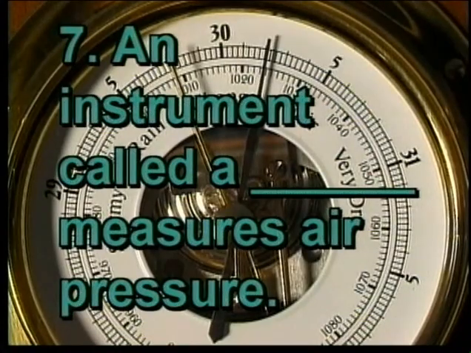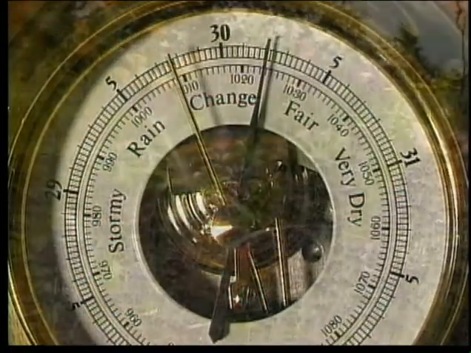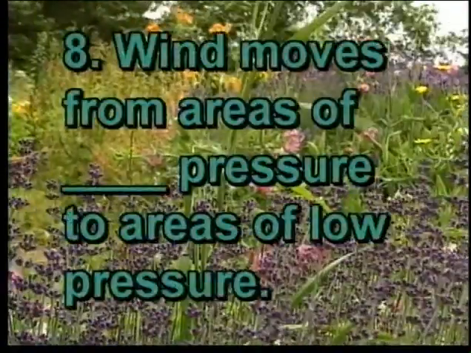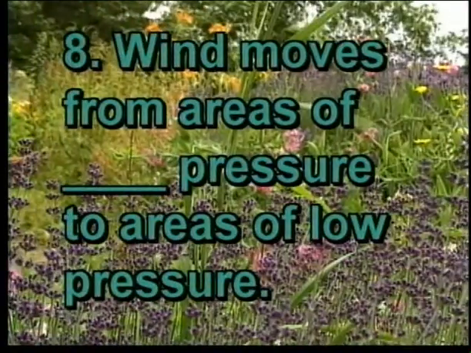Number 7, an instrument called a blank measures air pressure. Number 8, wind moves from areas of blank pressure to areas of low pressure.